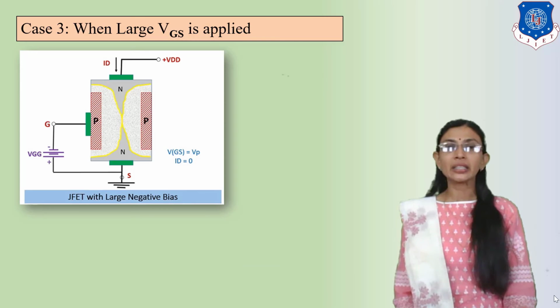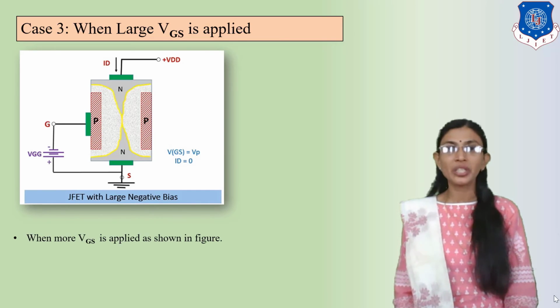Now let us understand case number 3, that is, large VGS is applied. Look at this. If we connect more VGS at the input loop like this, then the channel width is blocked. That means when more VGS is applied and reverse bias is increased, the depletion layer width will increase and the depletion layer will penetrate into the channel.